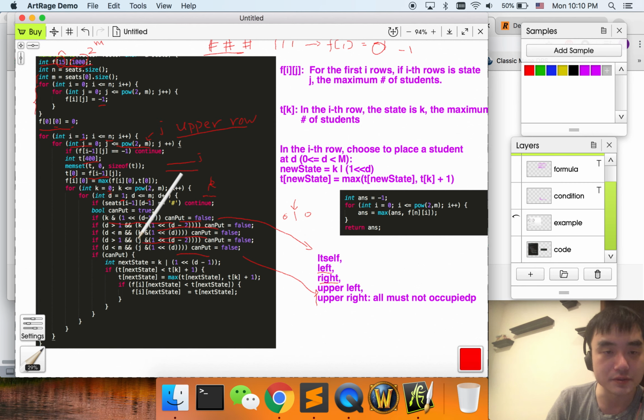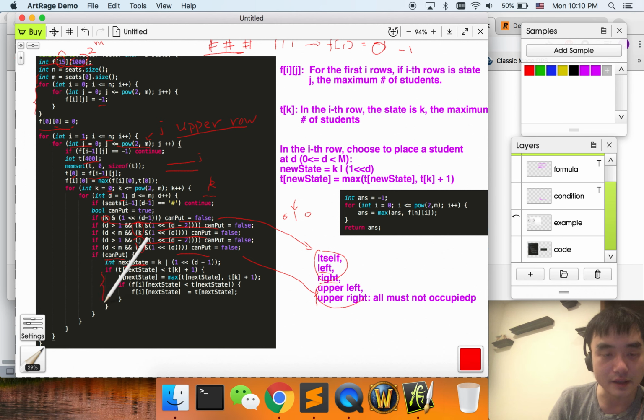And they both use J here. So when we need to check the current row, we use K, and when we need to check the upper row, we use J. So these two states are very important, J and K. If all these conditions are satisfied, it means we can actually put a student at that place, and we can calculate the next state.